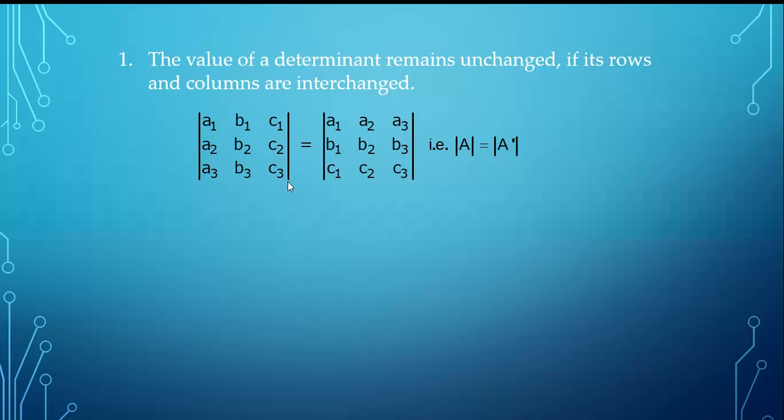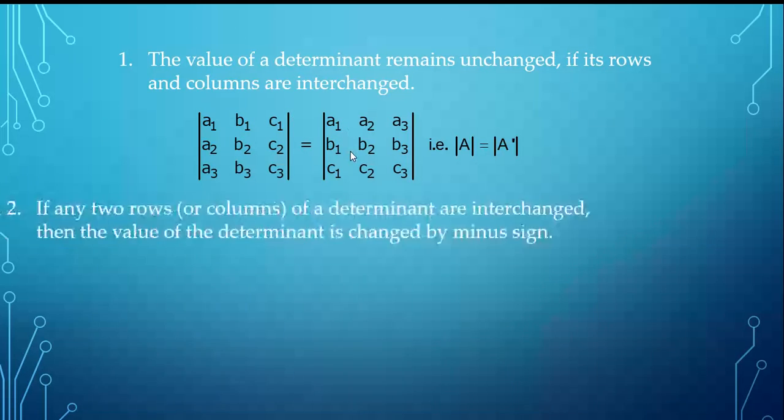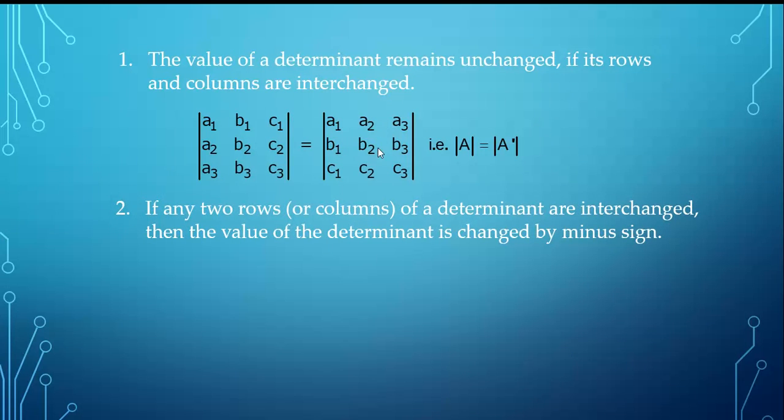If we interchange rows and columns, so that the rows a1, b1, c1 become the column a1, a2, a3, and so on, the determinant has the same value. This means the determinant of A is equal to the determinant of its transpose.